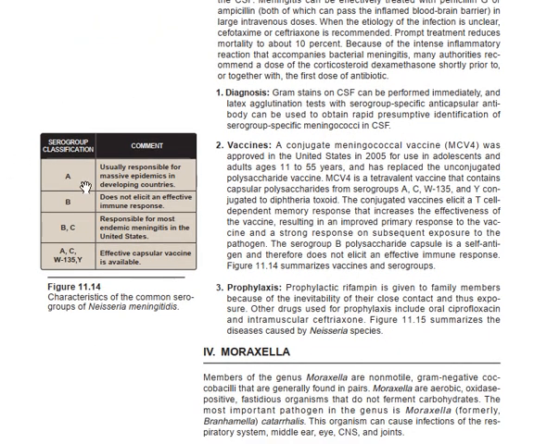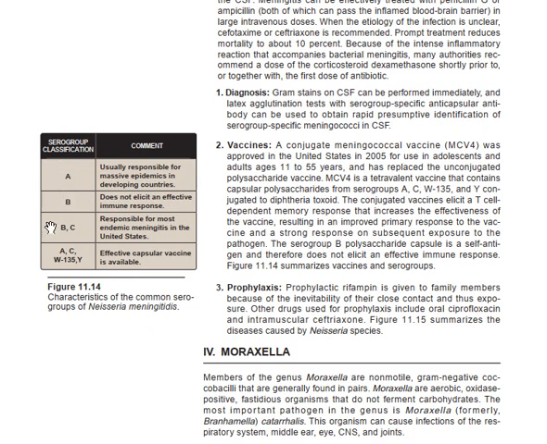Now these are the serogroup classifications, with a comment on each serogroup classification of Neisseria meningitidis. So serogroup A is usually responsible for massive epidemics. If you have serogroup A, which is due to the polysaccharide capsules, it is usually involved with massive epidemics in developing countries.